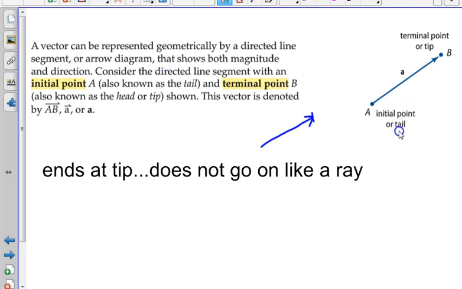The initial point is called the tail. The terminal point where it ends is called the tip, all right? And it's written AB, and sometimes they'll use this half arrow to show vector, okay? It's not a ray because it ends at the tip of the arrow. It does not keep going.